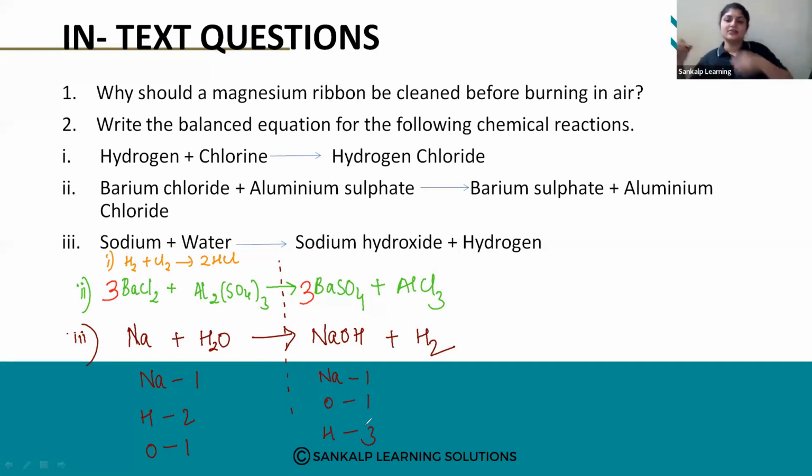Balance this. Ma'am, 2Na plus 2H2O is equal to 2NaOH plus H2.